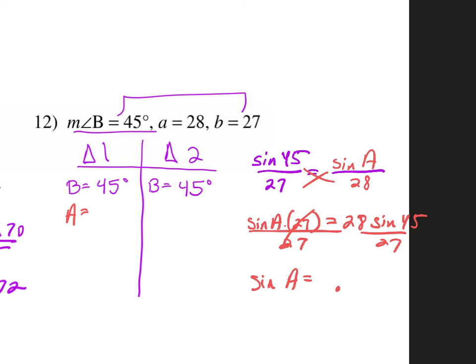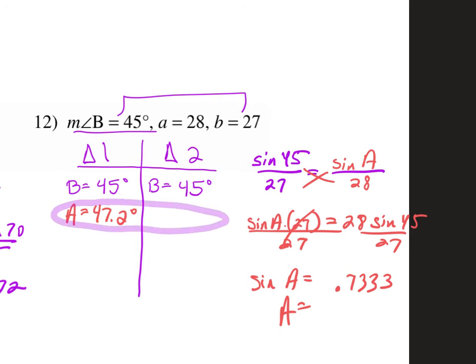Okay, I got 0.7333. So angle A, because I'm going to do inverse sine of that, is about 47.2 degrees. Now, if there is a second triangle, we would find it right here.